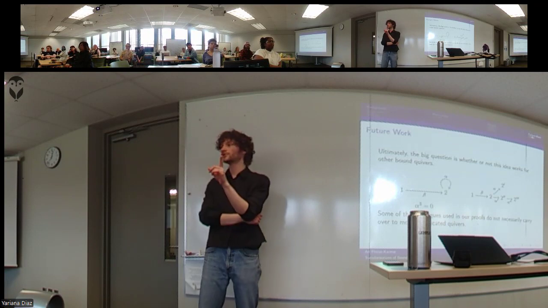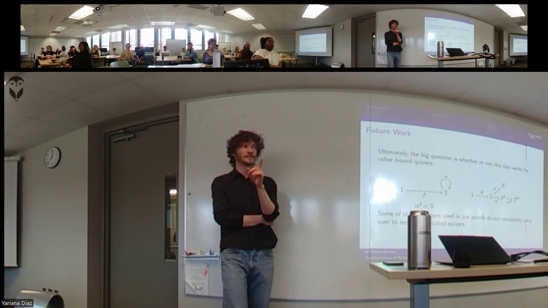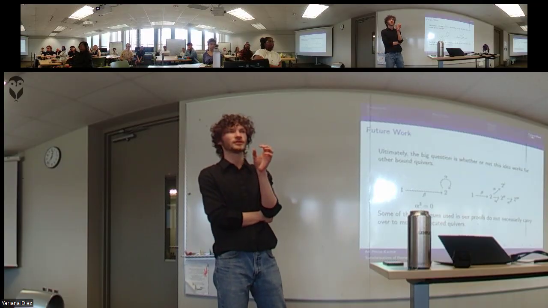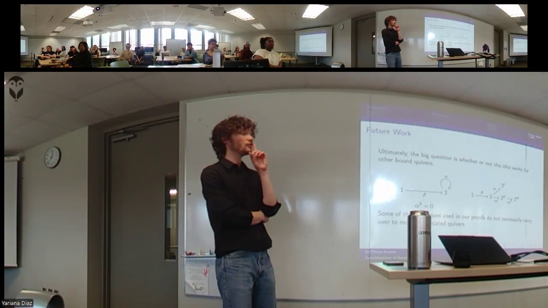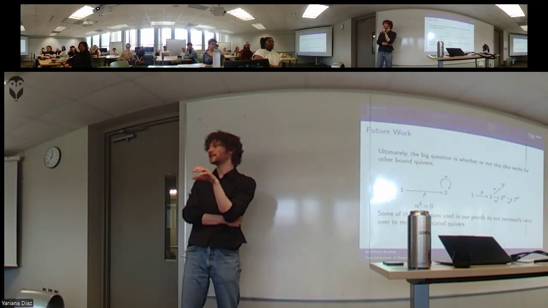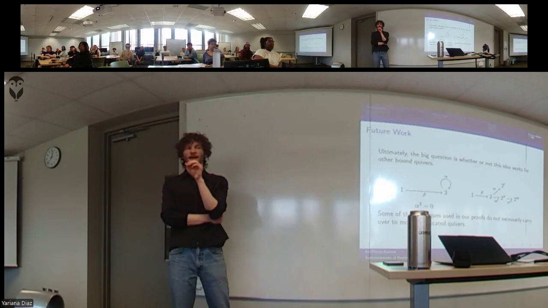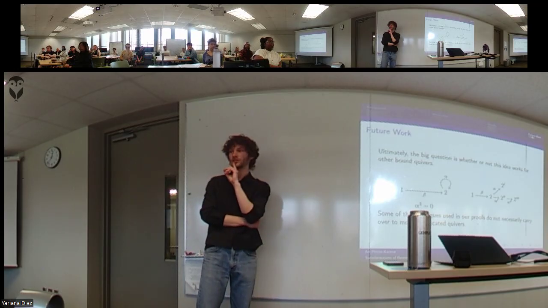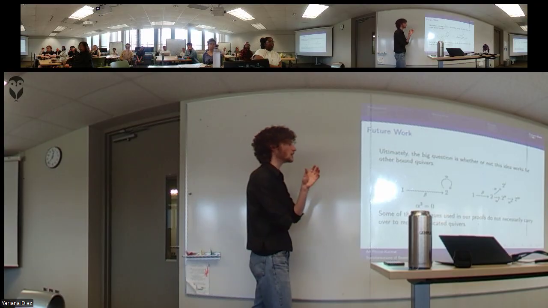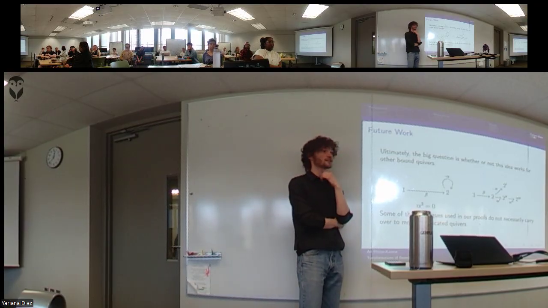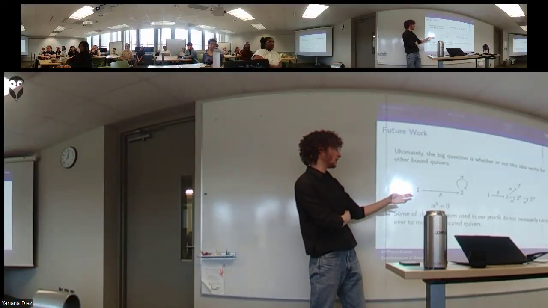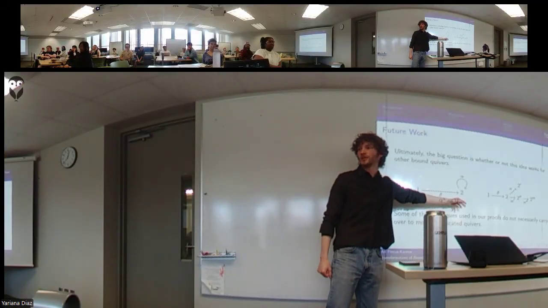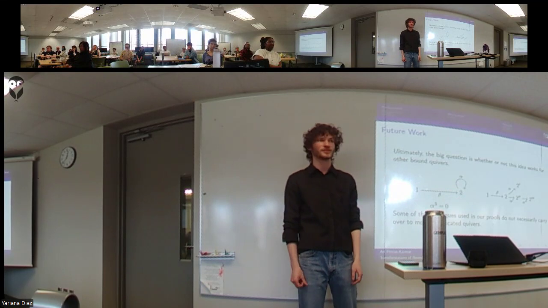One, we've assumed that they're acyclic. And this is very important because it allows us to restrict the number of indecomposable representations of our quiver. And we've also assumed that there are finitely many indecomposable representations. And that is, in general, not something that you can assume. And so we're interested in seeing whether or not the proof techniques that we've used can extend to other bound quivers with cycles and without finitely many indecomposable representations.